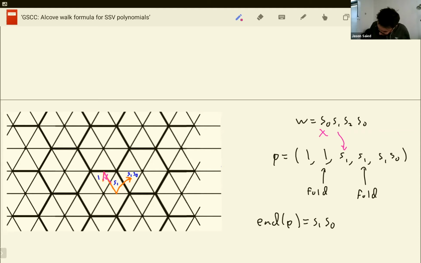So that means I go into this hyperplane, this alcove. Then I'm going to fold at S2. So I go to where I wanted to, but then change my mind. And then cross at S0. So by some sequence of foldings and crossings determined by the Weyl group element I started with, I get some path across the plane from alcove to alcove. And here the endpoint is S1, S0.